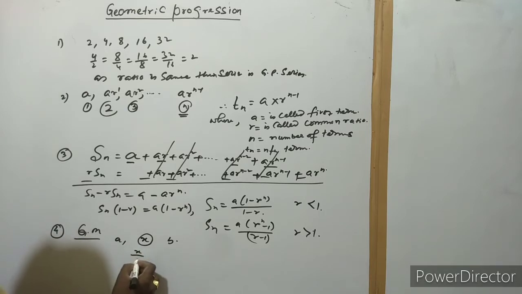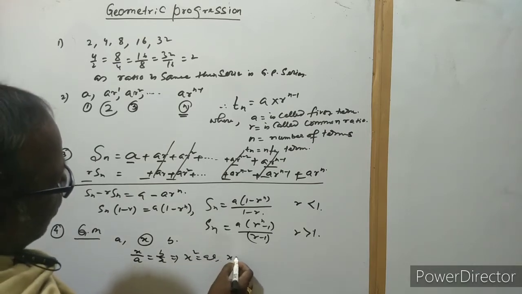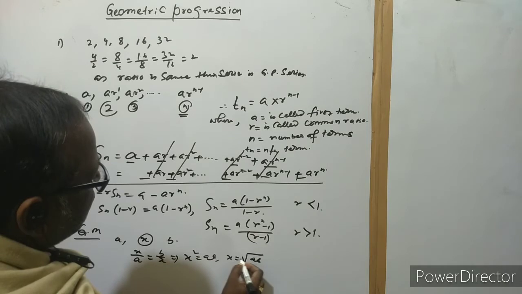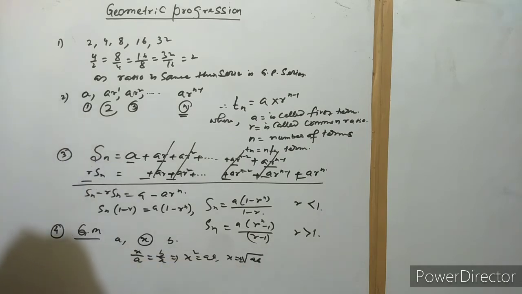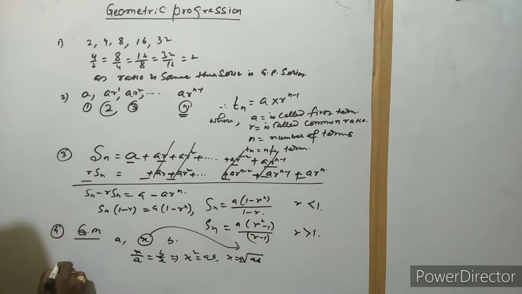So we can write x by a and b by x. So x square equals ab, so x is plus minus root over ab. So this is the geometric mean.